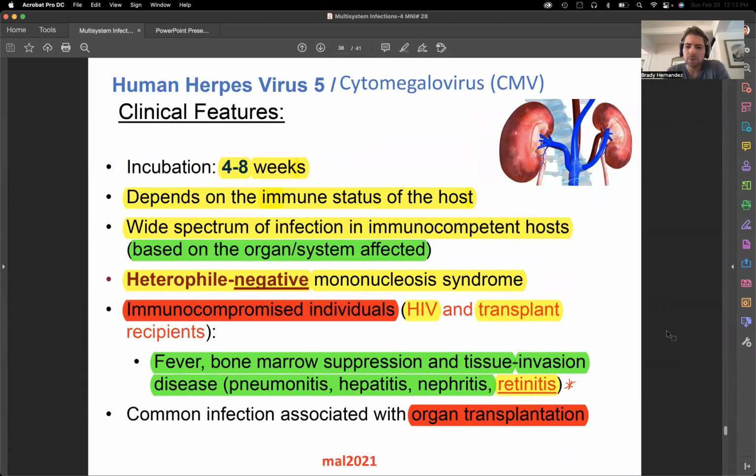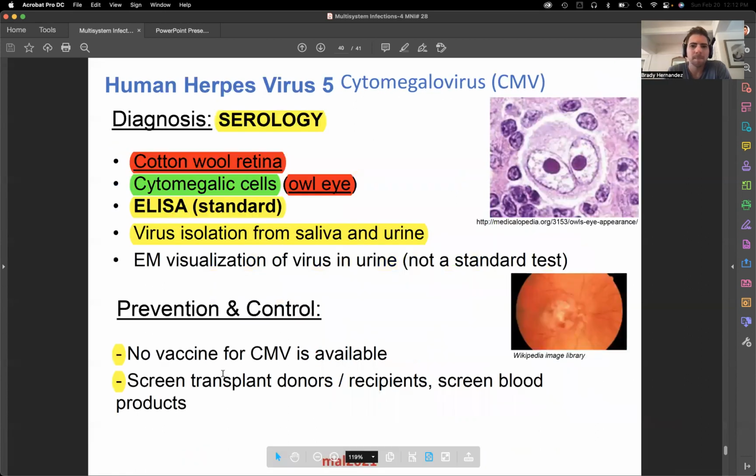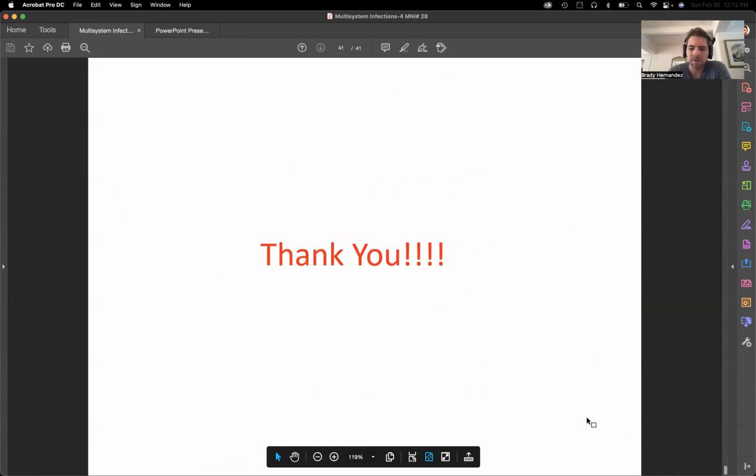You're worried about ear problems in kids as well, the sensorineural hearing loss, and birth defects. We talked about that already. Vision or hearing loss. All right, and then you have these owl eye inclusions, right? That's very specific for CMV as well. Cotton wool retina can form.